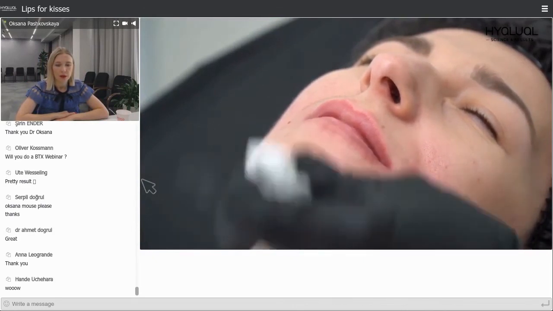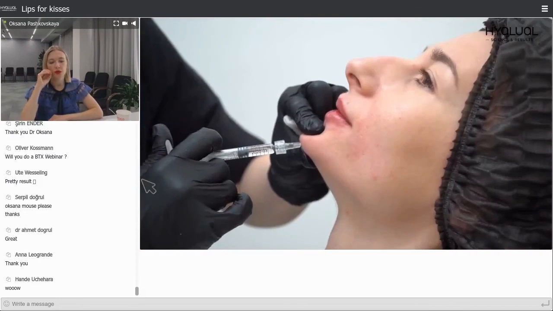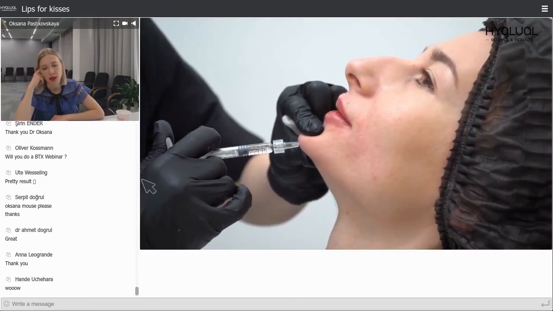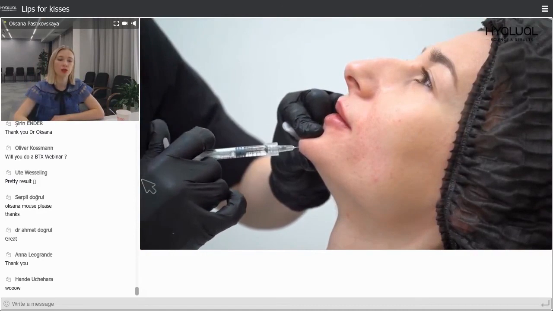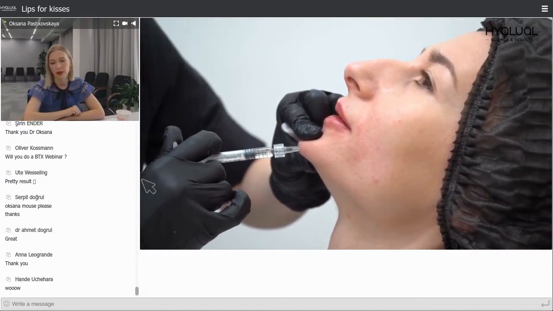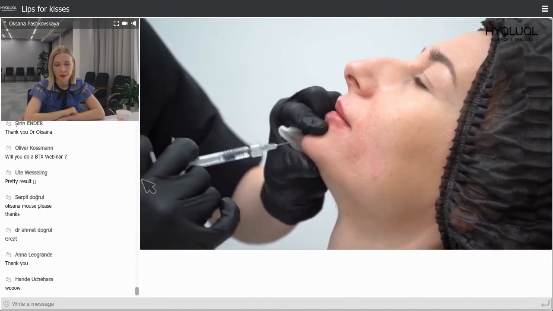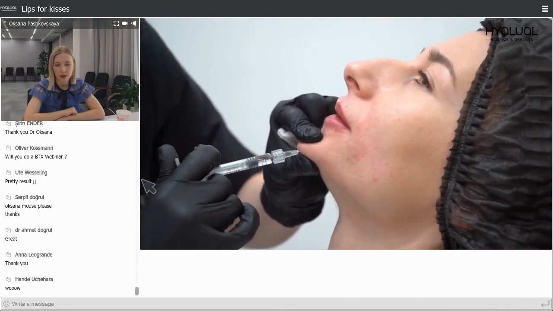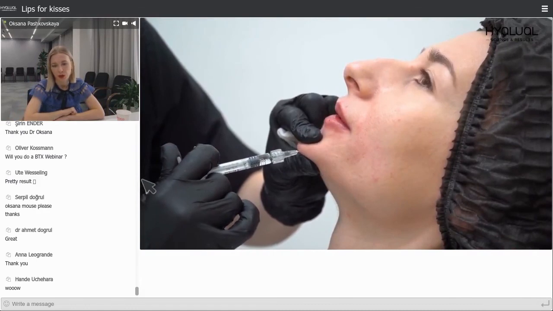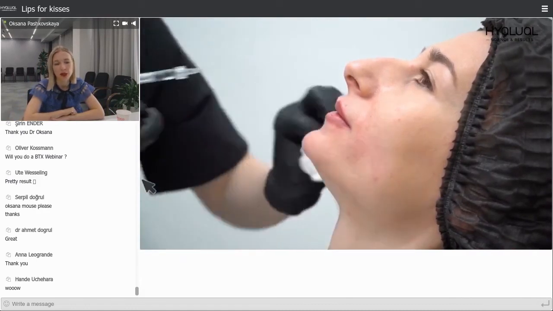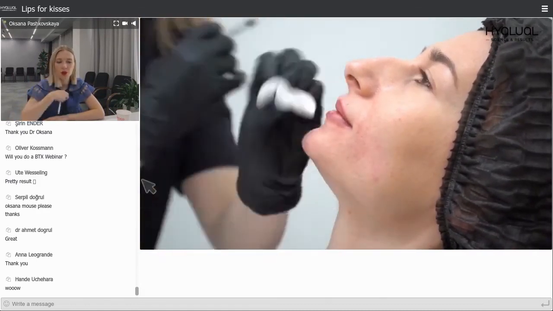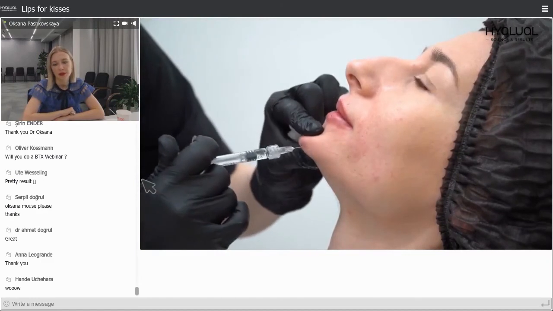I put a few vectors, and we analyzed her profile and decided to increase her chin, so it would be nicer, more beautiful. Yes, we just refreshed her jawline. It would be nice.